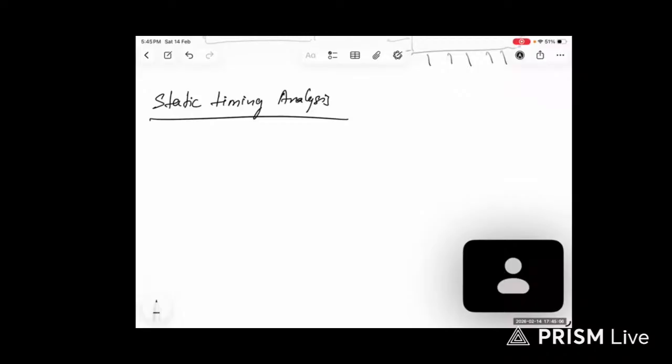So dynamic timing analysis is not at all encouraged. That's why we come to static timing analysis, where you will have control over the analysis. You will know whether your design will work for a particular frequency, or it will not work. That conclusion you will be able to arrive at doing static timing analysis.